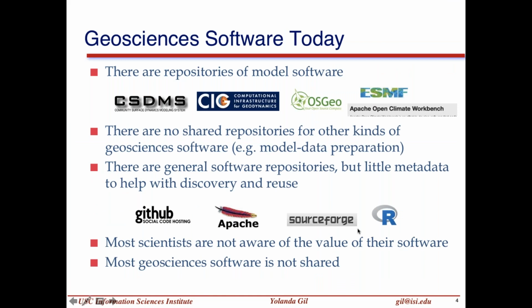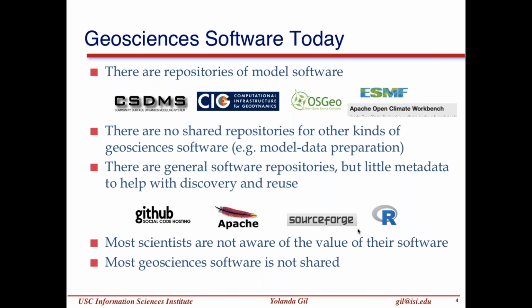So today, when scientists share software, it's always in a limited way. There are some repositories of model software. So CSDMS is one for surface dynamics. CIG, ESMF are some of the most widely used ones. There's many others. There are no shared repositories for other kinds of software that are not model software.